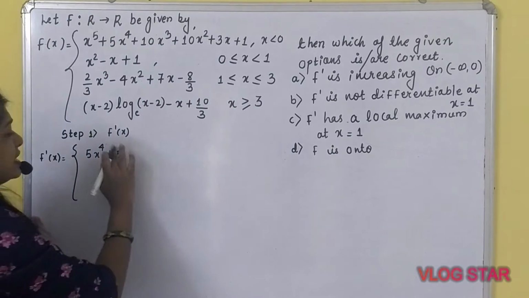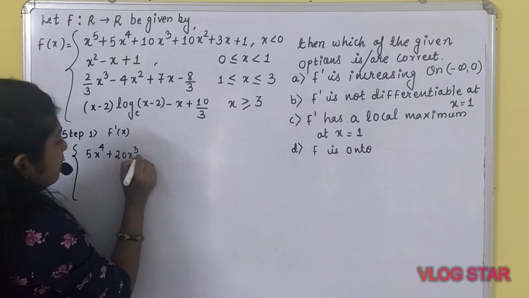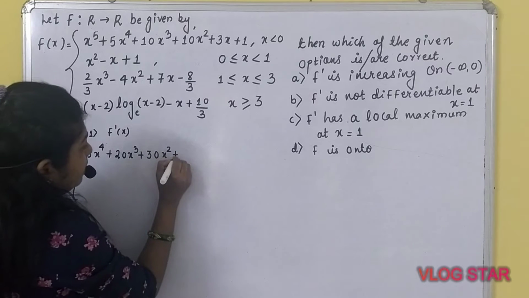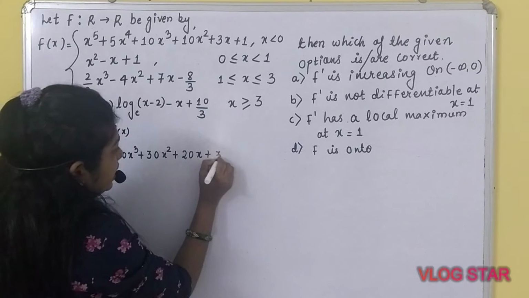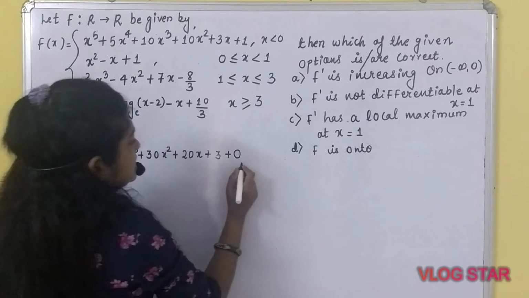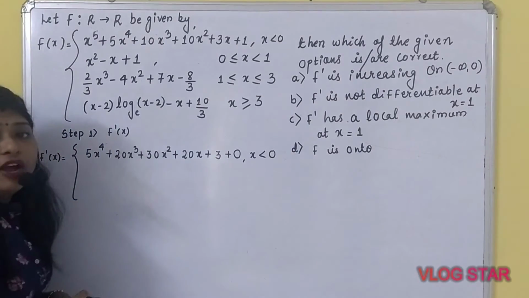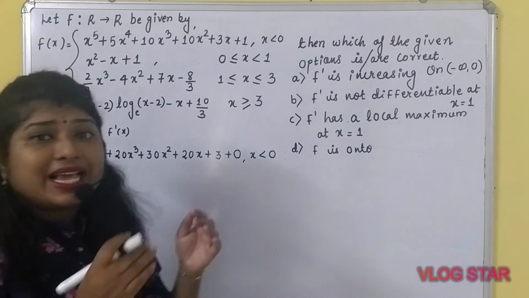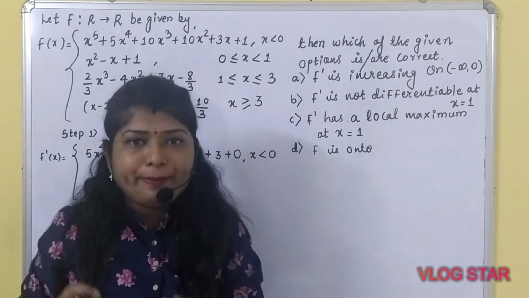So instead we can write 20x cube plus 30x square plus 20x plus 3, plus the derivative of the constant term, which is always 0, for x less than 0. I hope you have understood how to take the derivative if the given term is x raised to n, which is equal to n into x raised to n minus 1.